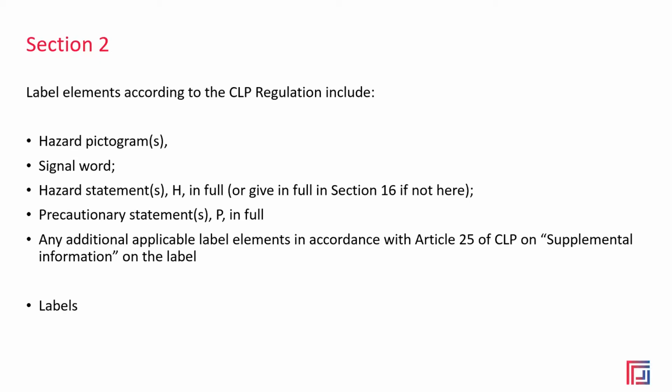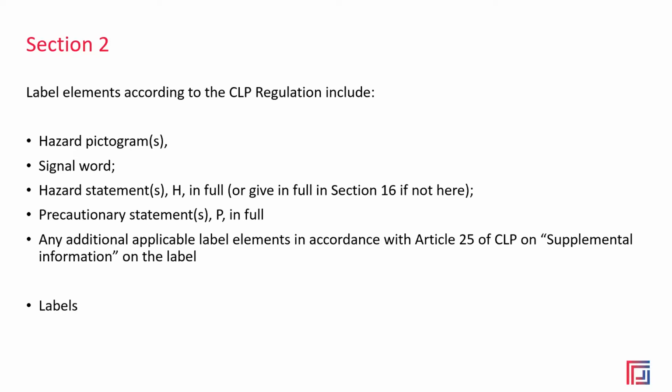I would like here to point out that regarding the labels, some roles at the end of the transitional period and from the beginning of this year have changed. So if your company was a downstream user, now it can be the importer to the UK. This can trigger some changes to your labels, and if you haven't done it, you will need to do so as soon as possible.